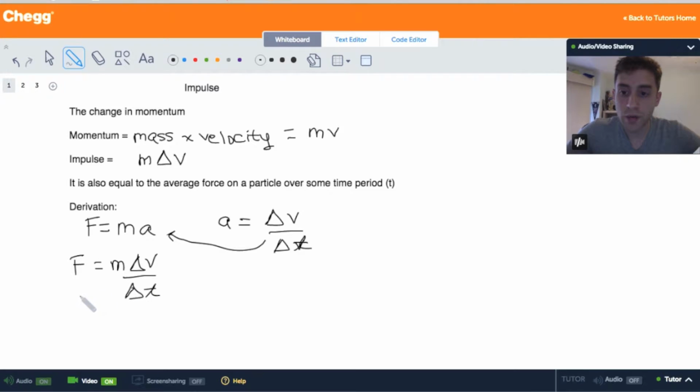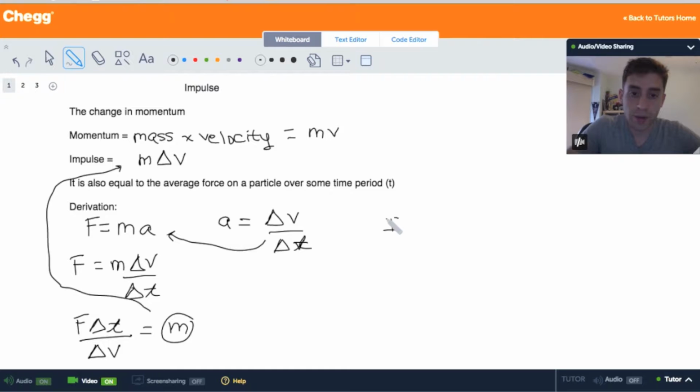So we can solve for mass here. We get F delta t over delta v is equal to m. And we can plug this value for the mass into our first impulse equation.